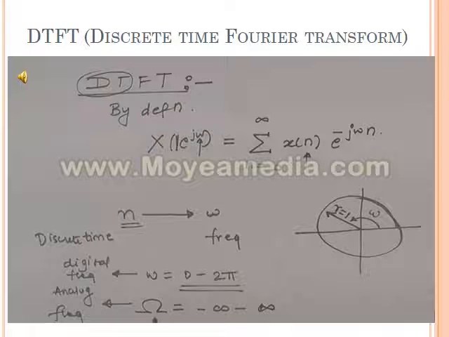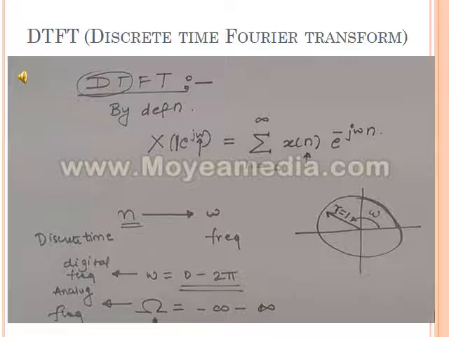So in this case we see that although x[n] is a discrete signal, with n as time, it is transformed to X of omega, where omega is basically frequency. So it transforms the signal from time domain to frequency domain.